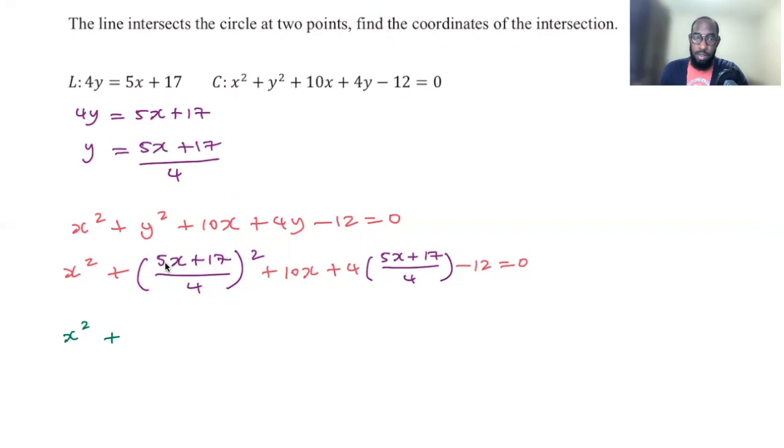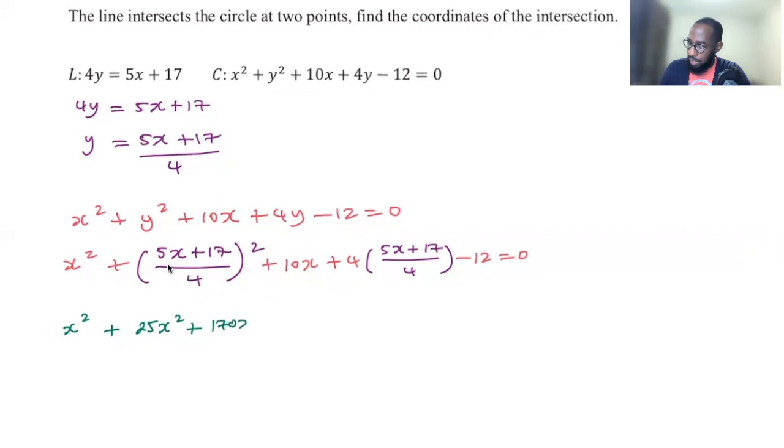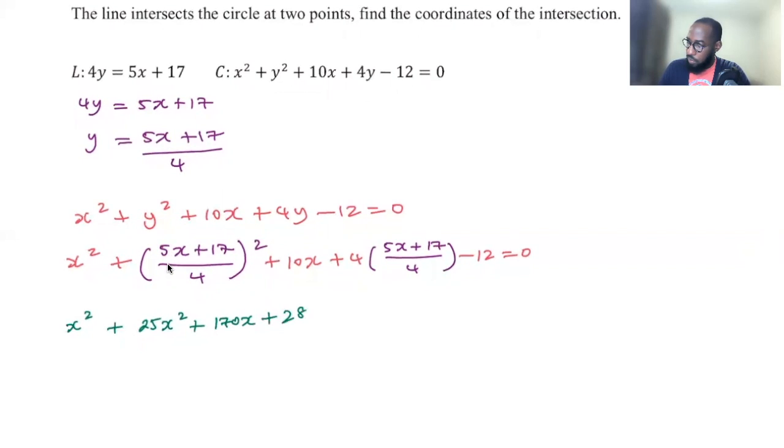So 5 squared is 25x squared, plus 5x multiplied by 17 multiplied by 2, that is equal to 170x, plus 17 squared is equal to 289, and all that over 4 squared, which is 16.